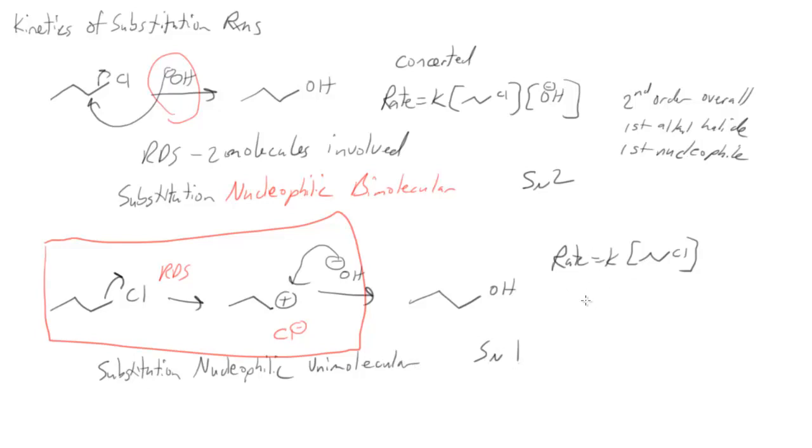My rate law for the reaction is going to be first order overall. It's going to be first order in the alkyl halide, and it'll be 0th order in the nucleophile.